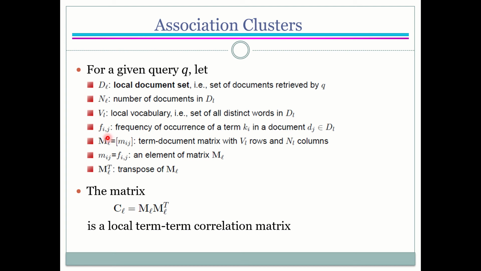So we have the frequency of term i in document j. We can use these weights to form the term-document matrix. Then we need the transpose of this matrix in order to form what we call the local term-term correlation matrix. This term-term correlation matrix can be used to find two terms which are highly correlated to each other.